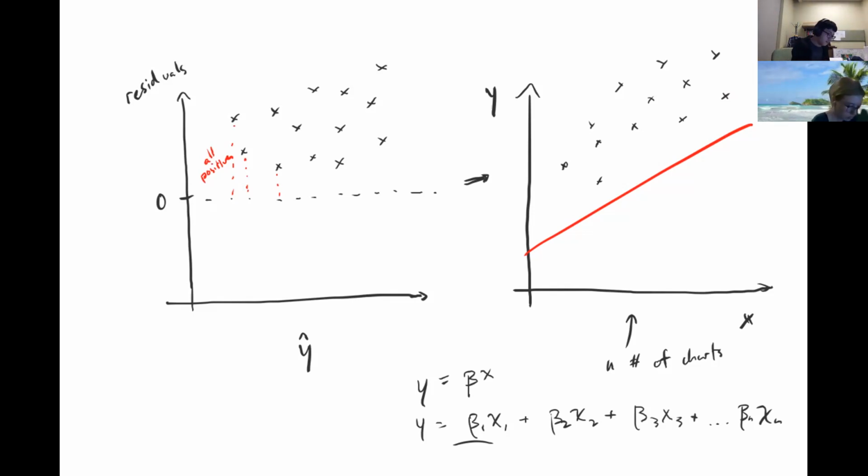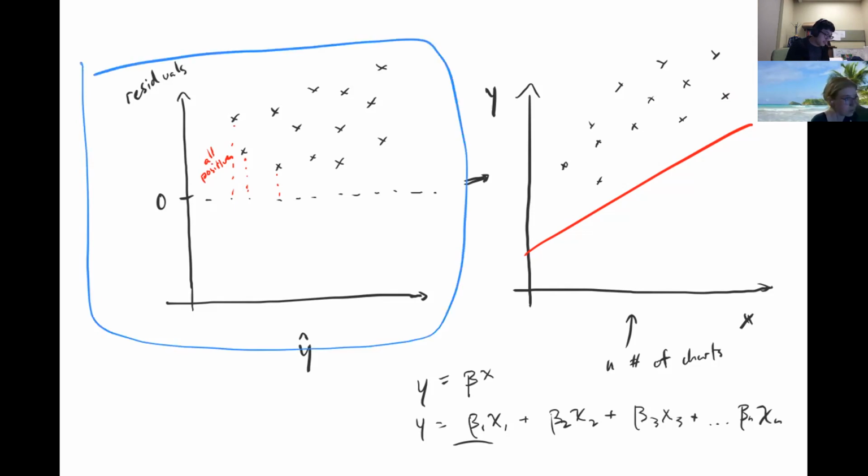But the beauty of doing it with residuals is that this y hat captures all of the information contained in all of the x's. And therefore, I could look at this one simple plot and be able to tell if there's something wrong with the model, right? And so because of that, it's much more common to look at this left graph as a way of diagnosing whether or not there's systematic error in the model compared to looking at the right-hand graph.